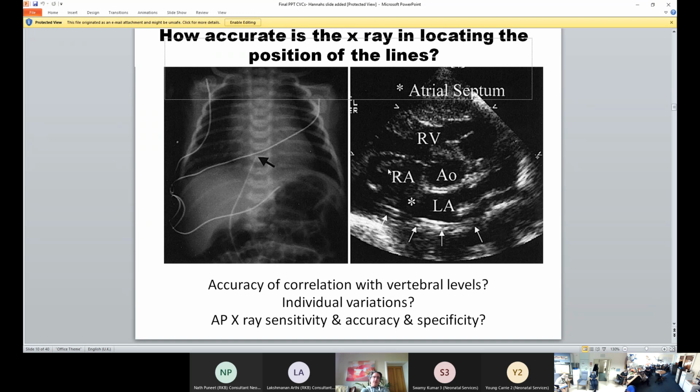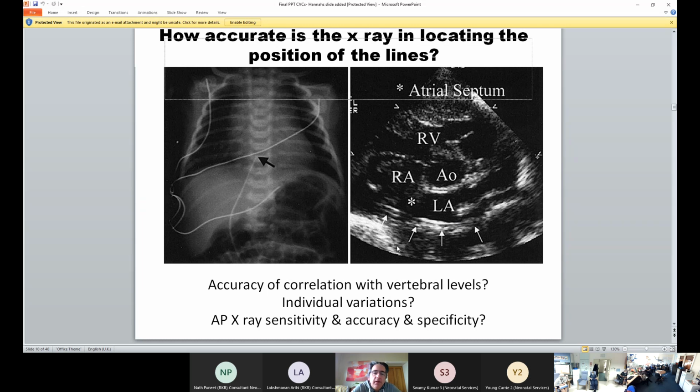When they did a short axis echo for the same patient at the same time, they found the UVC, you see the UVC, this is the UVC, going from the right atrium along the atrial septum to the left atrium. So what we could see on the X-ray in the right atrium was already in the left atrium.